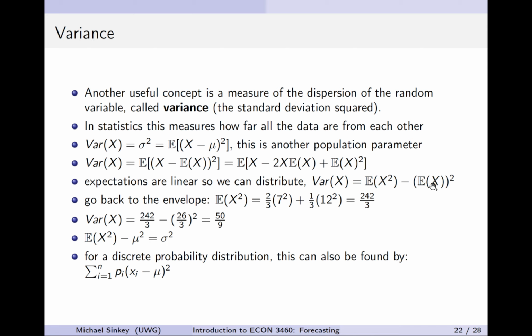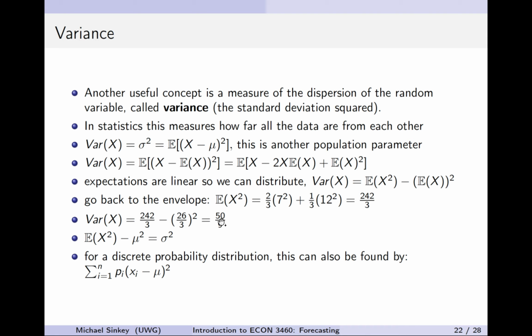The mu squared is 26 squared divided by 3 squared, so I have 676 over 9. Okay, and if I rearrange, if I create a least common denominator here, I can actually clean this up a little bit to get 50 over 9, which is 5.56.